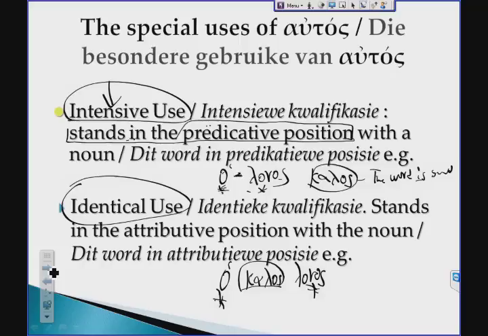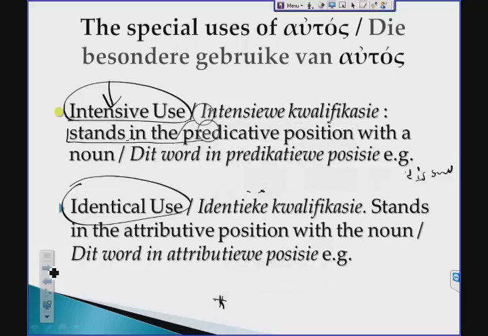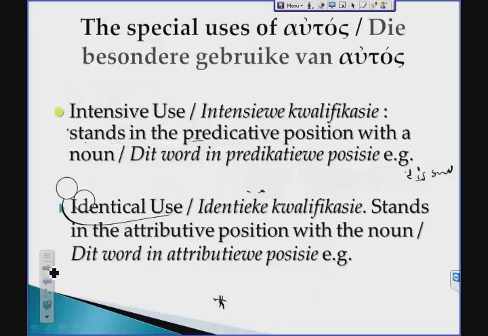Okay? So then you'll translate it as the intensive use. And then the identical use, it's the attributive. When it stands in an attributive position with the noun, then you are going to use it as identical.